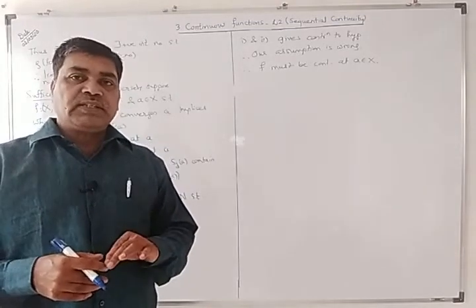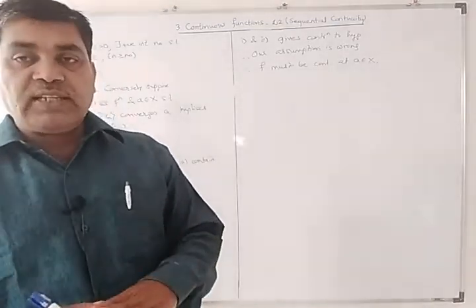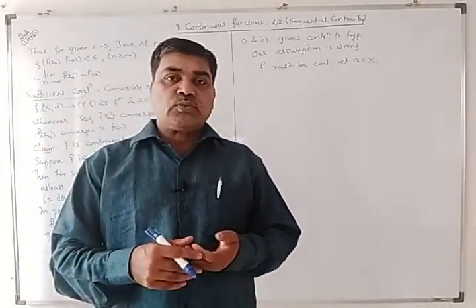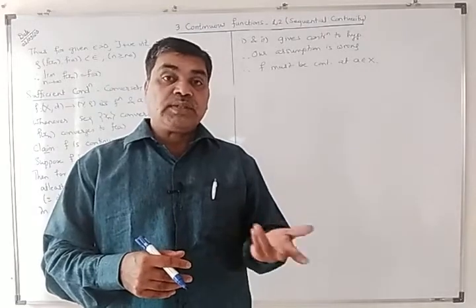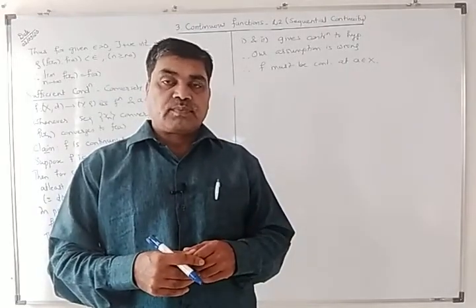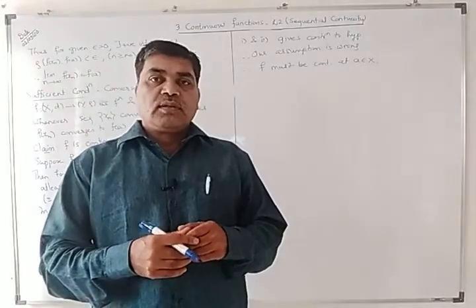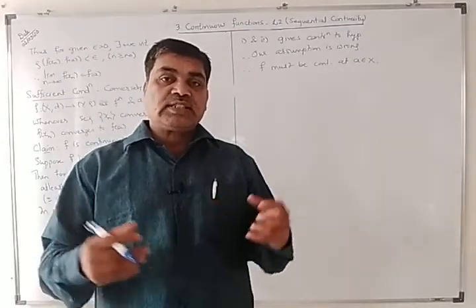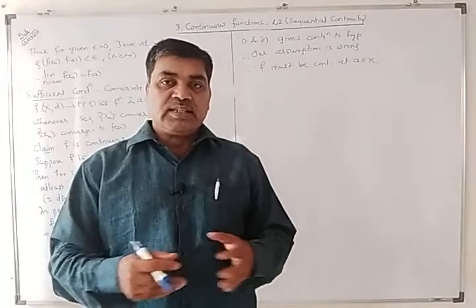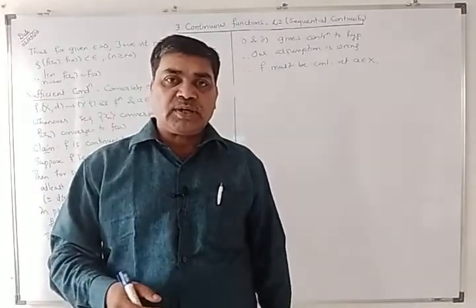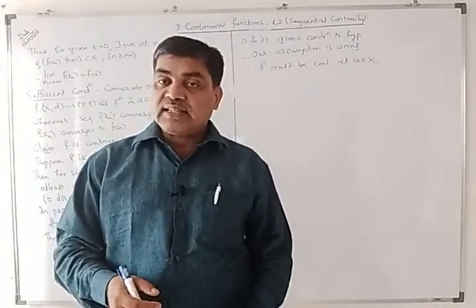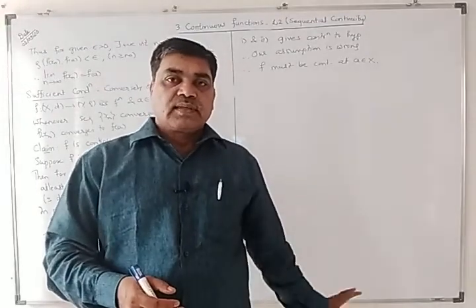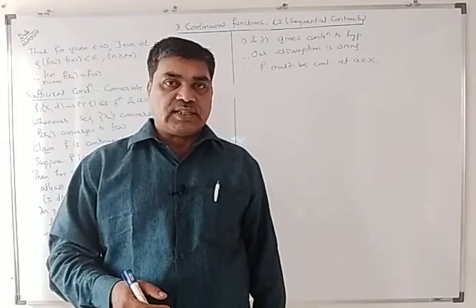What is the negation of this? f is discontinuous at a if you are able to construct at least one sequence xn which converges to a but its image sequence is divergent. Or equivalently, if you are able to construct two sequences which converge to a, but their image sequences converge to two different points, then by using this result, that function must be discontinuous at a.